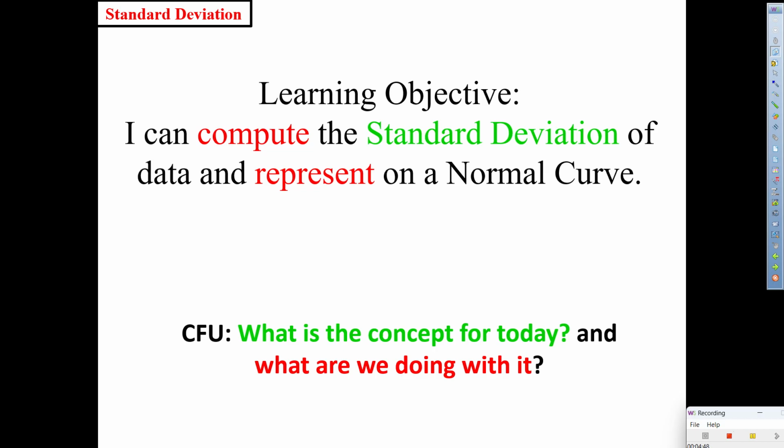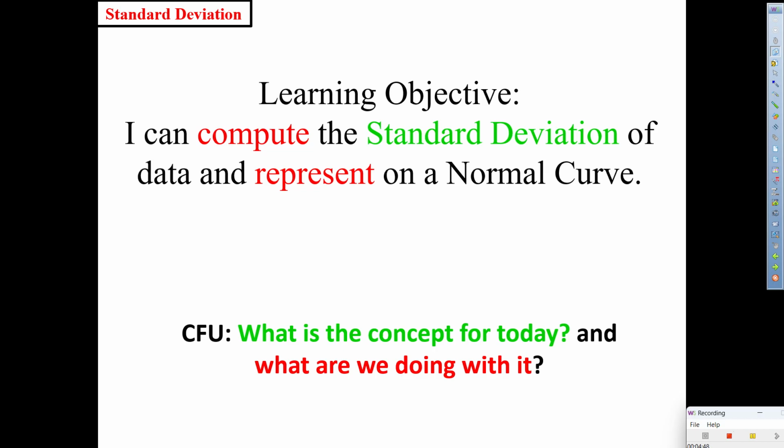All right, here we go. I can compute the standard deviation of data and represent on a normal curve. Write that down. Today you don't need a big box or the Frayer model, just copy the objective. Now I'm going, like I said, slowly but surely. Today we still are not full on standard deviation.